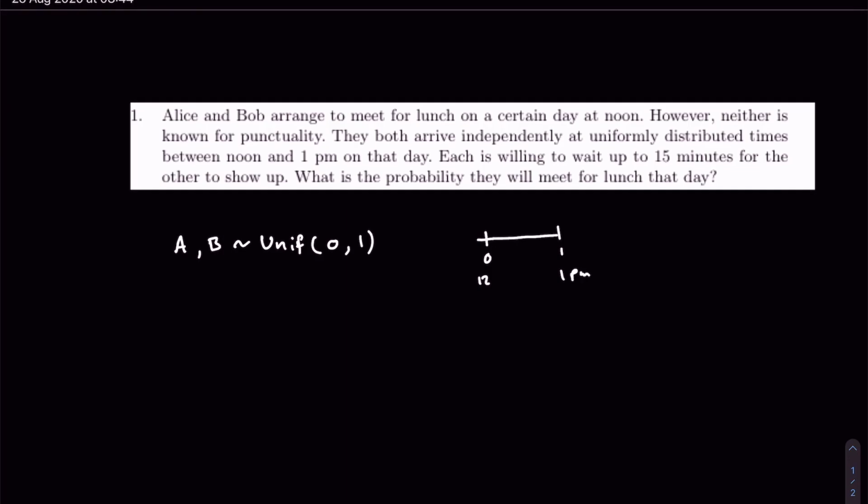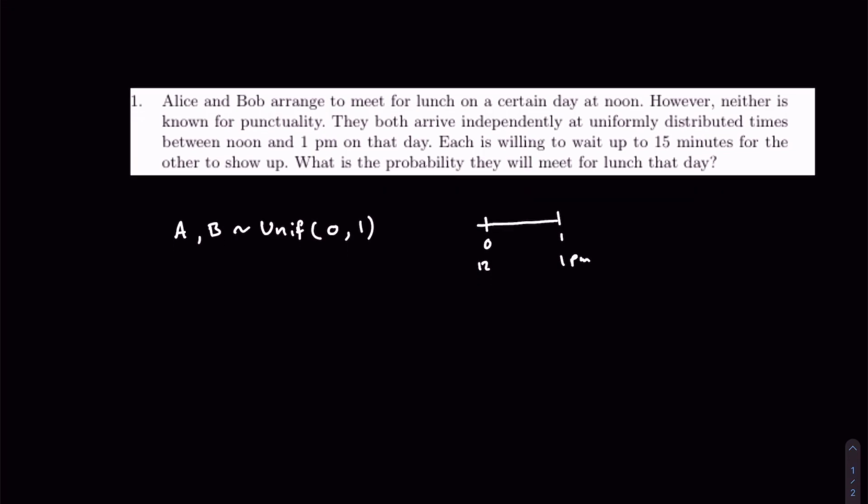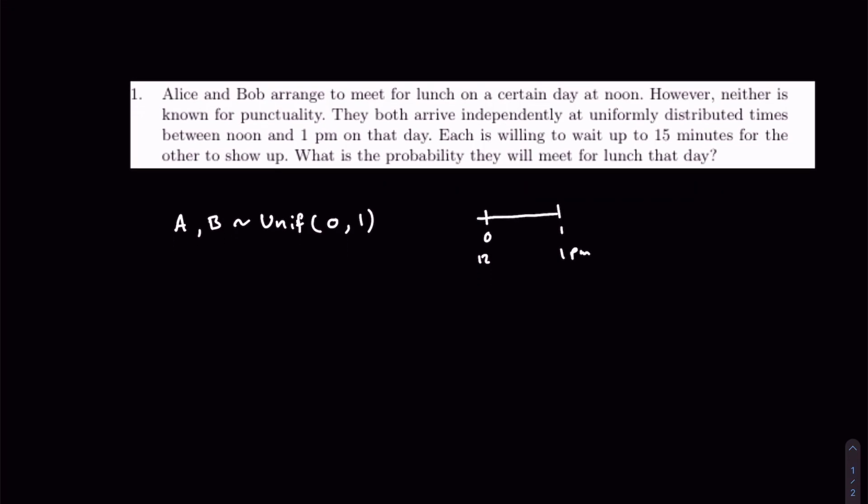All right. And now we were asked, what is the probability that they will meet? And this can be seen that if Alice arrives at, say, 12:15, then she is willing to wait 15 minutes, which means Bob has to arrive somewhere here.